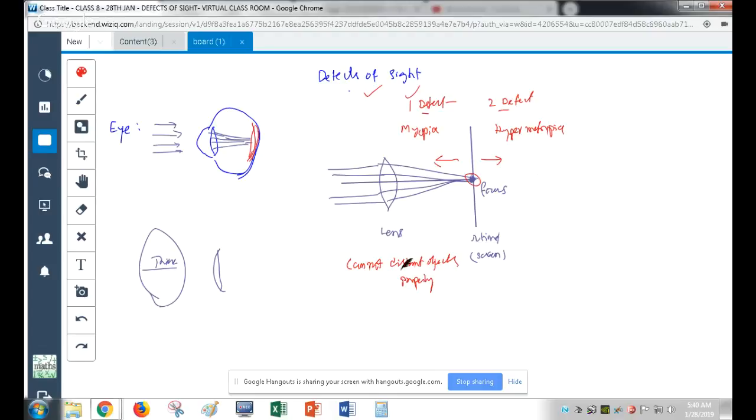They can see the near objects clearly. Whoever has this myopic eye can see the near objects clearly, but they cannot see distant objects properly.